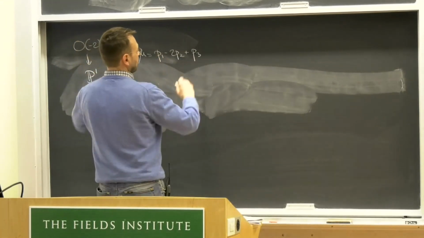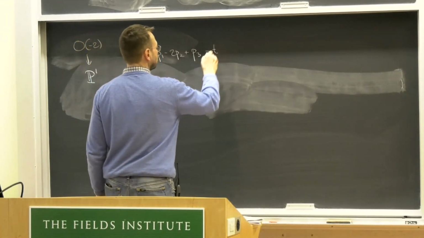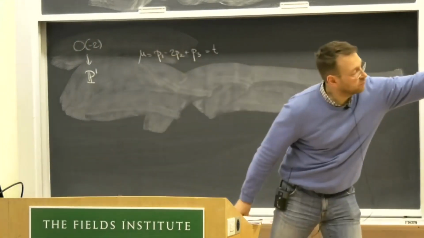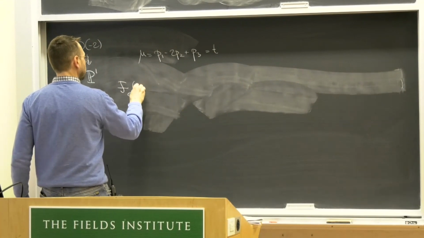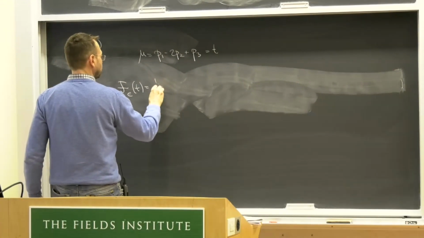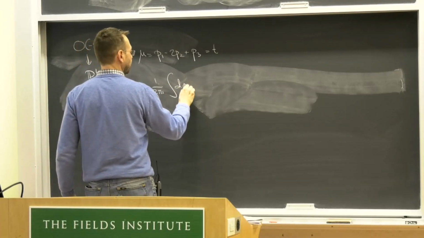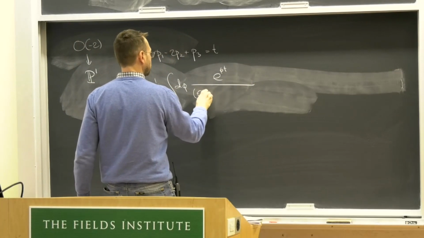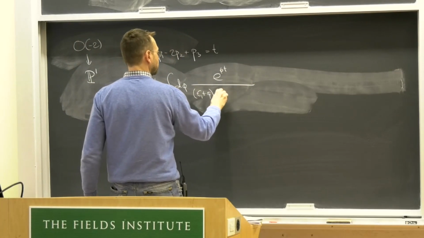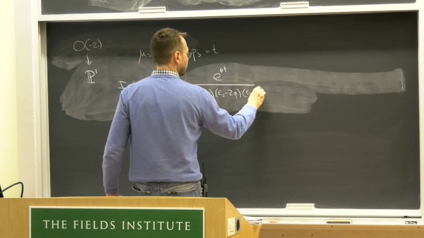So now if I'm just doing this guy, I'm looking at the moment map equal to T. And for example, I'm writing again this expression. So now my f of epsilon will be T, which will be 1 over 2 pi i, the integral of d phi, e to the phi t, and then I will have here epsilon 1 plus phi, epsilon 2 minus 2 phi, epsilon 3 plus phi.